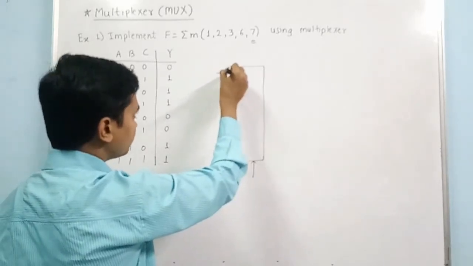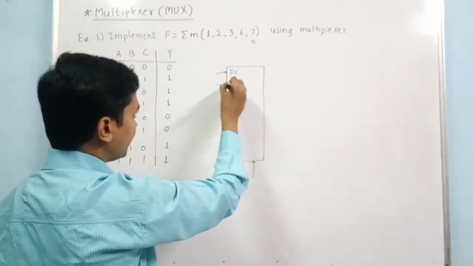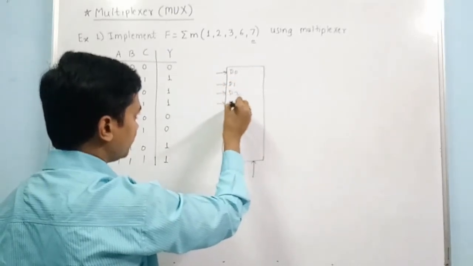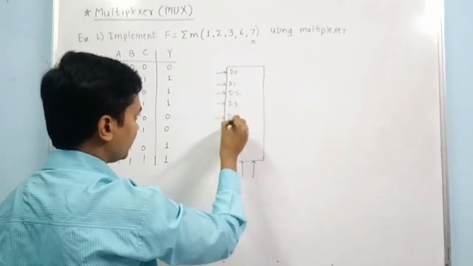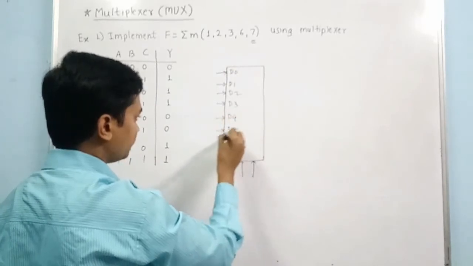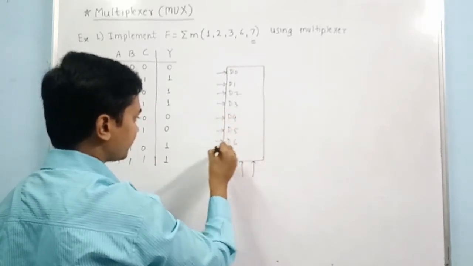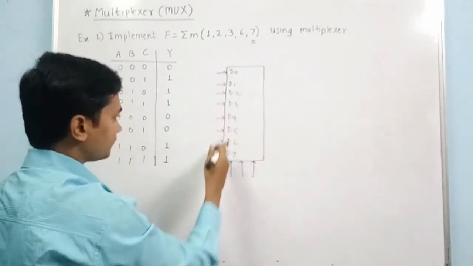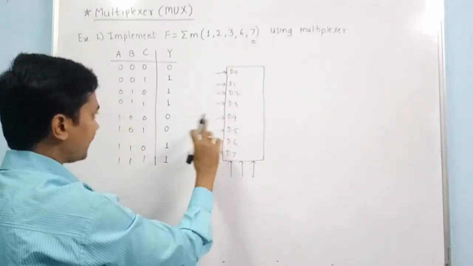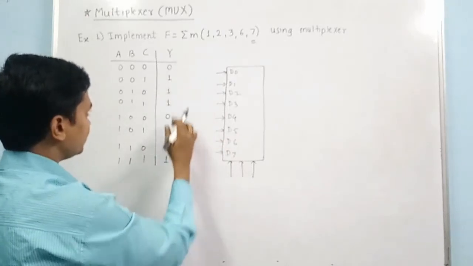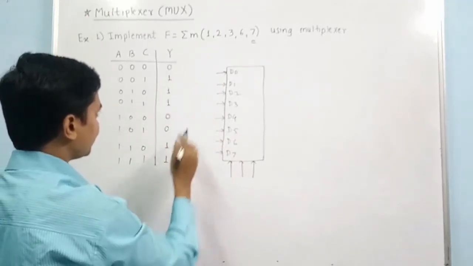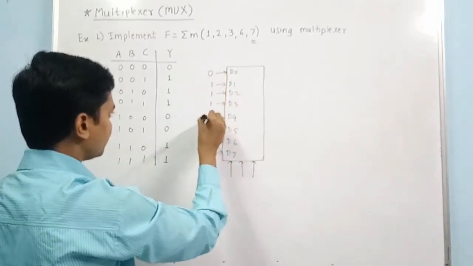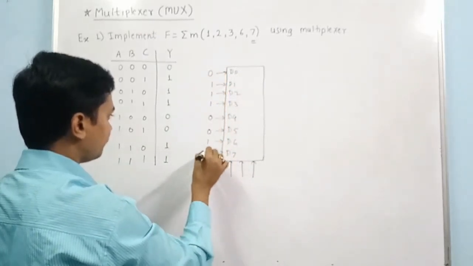So D0, D1, D2, D3, D4, D5, D6 and D7. Okay, so at these input lines we have to apply these logic statuses. So 0 1 1 1 0 0 1 1.